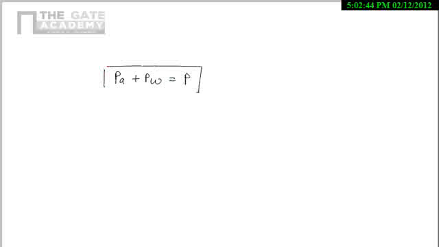Again I am writing Dalton's law of partial pressure, that is PA plus PW equals P. If you see this equation, P, that is atmospheric pressure, will remain constant, but PA and PW can change. In reality PW is very small.